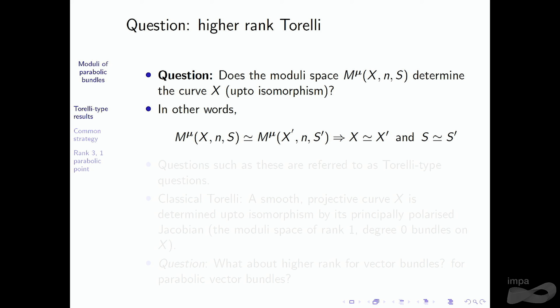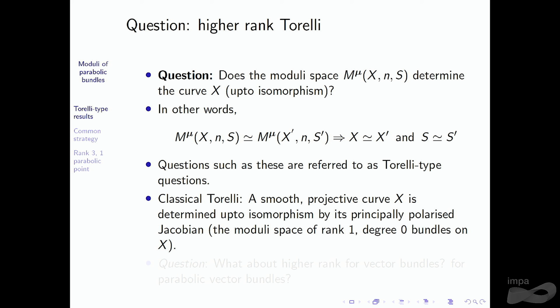So what I mean by that is that these kinds of questions are called Torelli type questions. And the motivation is from the classical Torelli, which tells you that if you take a smooth projective curve, then it is determined up to isomorphism by its principally polarized Jacobian. And what is a principally polarized Jacobian?